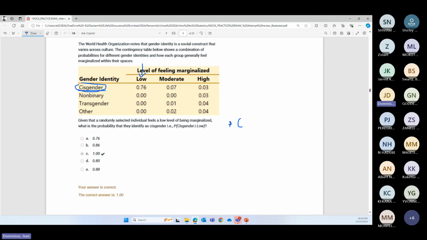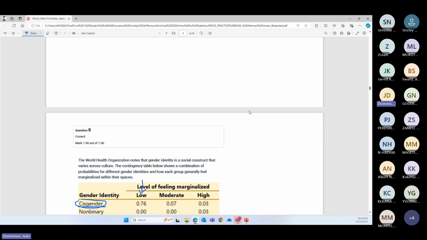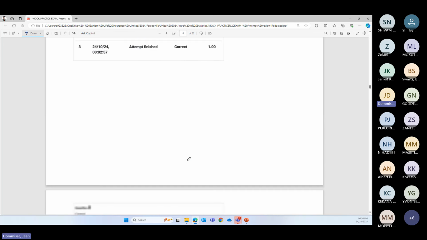Okay, so that is interesting. So you got a partial right mark as well. Okay, so let's just see. So I've now used it in this one.